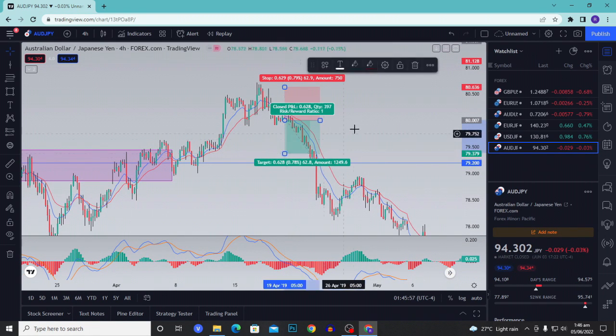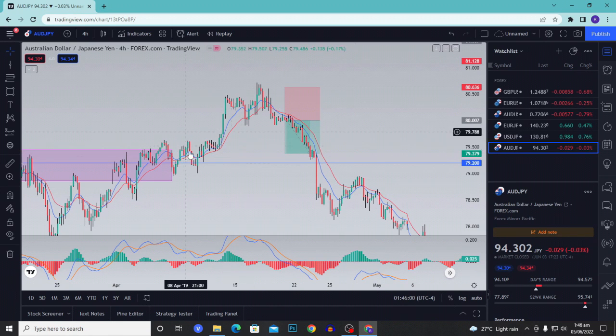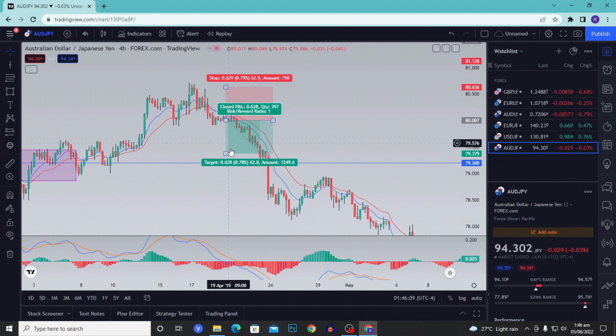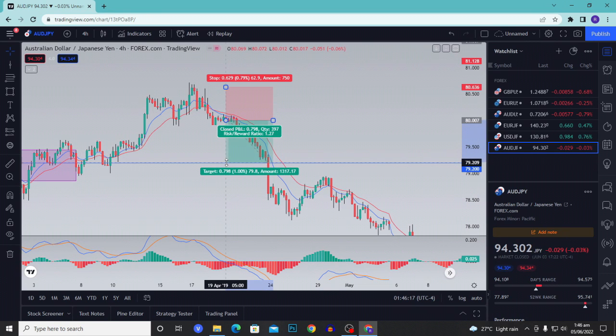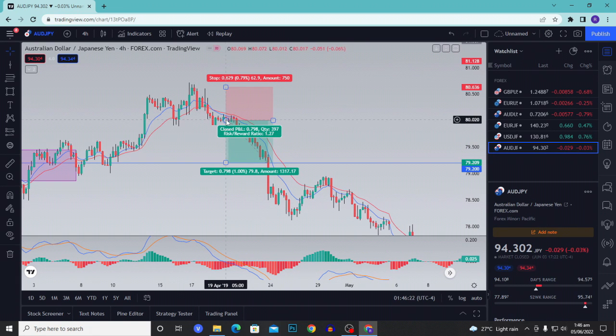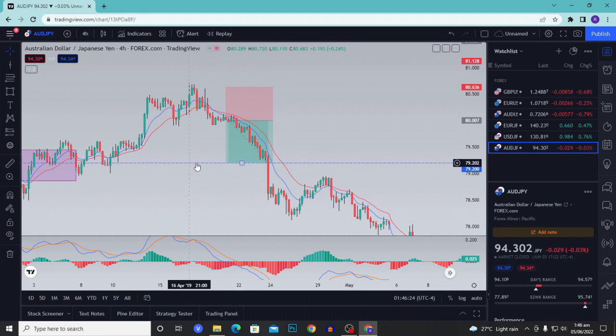And in our case right here on W setups, once we're using the weekly time frame for our chart setup, and we have a W formation or W setup, we make sure that the distance between the neckline and the point that we enter the trade is at least a 1-to-1 risk to reward ratio.